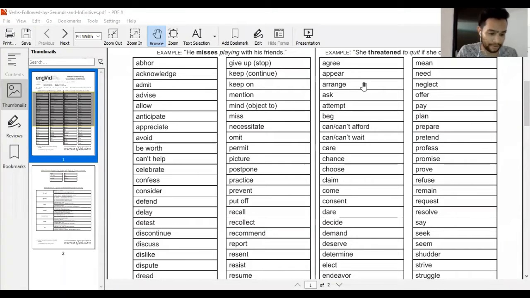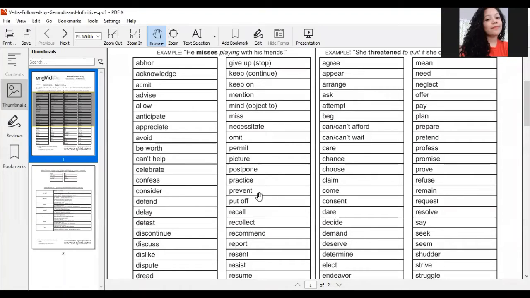Let me look it up. Yeah, refutar, contradecir, rebatir, objetar. When it means this, then you can use the ing form, right? We also have means, necessity, omit, permit, picture, postpone, practice, prevent, put off, recall.